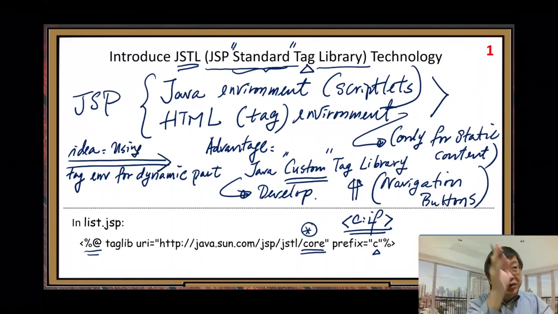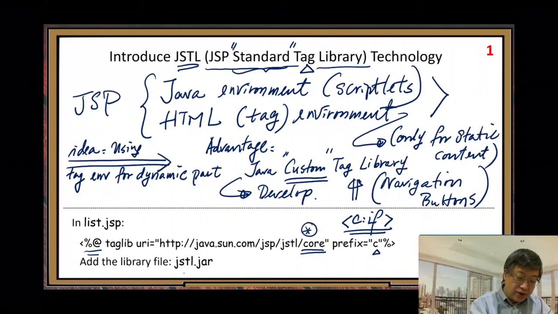But you need to add a library file in your web application. You can download and find JSTL.jar, this library file. I provide it to you, but it's very easy to find on the web.